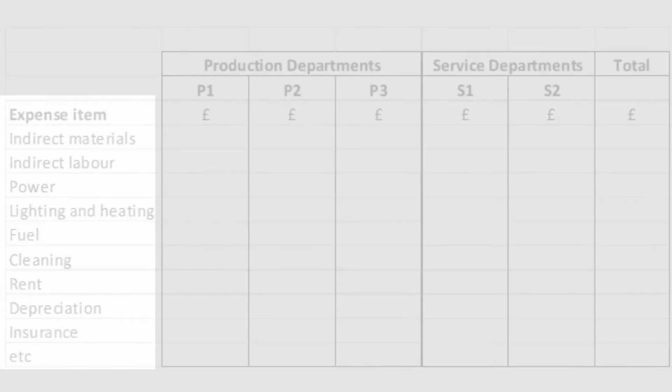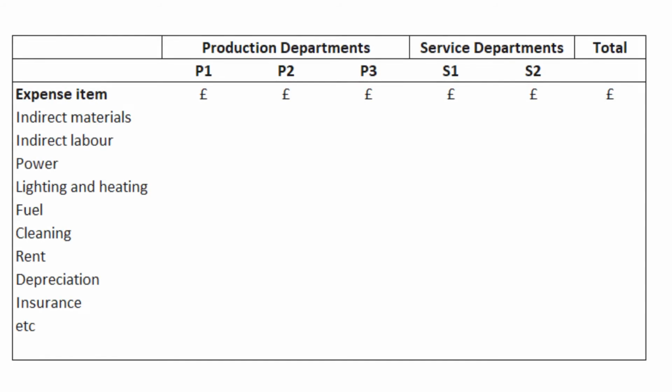The next stage of our process is allocation. There will be some overheads which can be collected for individual departments. For example, some indirect materials used may be only used in a particular department and can be recorded separately and allocated to that department.